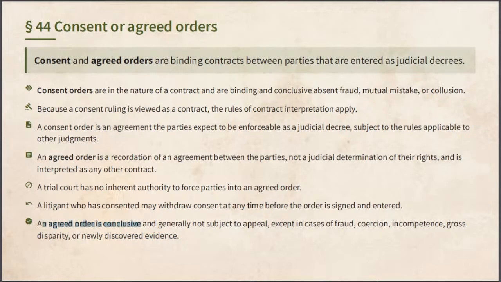So we're talking about consent or agreed orders, which are basically contracts. We've heard of out-of-court settlements or simpler types of things. This is somewhere in between, where the parties agree to particular terms and the judge basically gives a decree, subject to the rules applicable to other judgments.